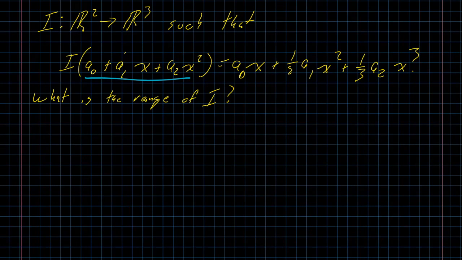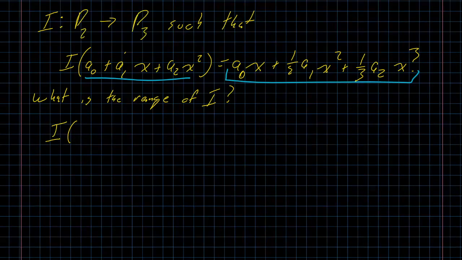So the range of I must be the set of all things that look like this. Right? So the range of I, which we write as I of... why did I do that? These are polynomials, not real vectors. This is P2 and P3, not R2 and R3. Sorry about that.